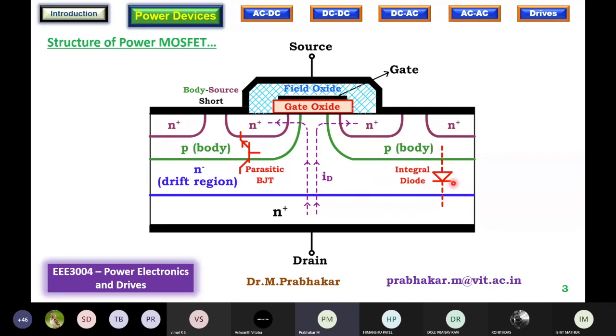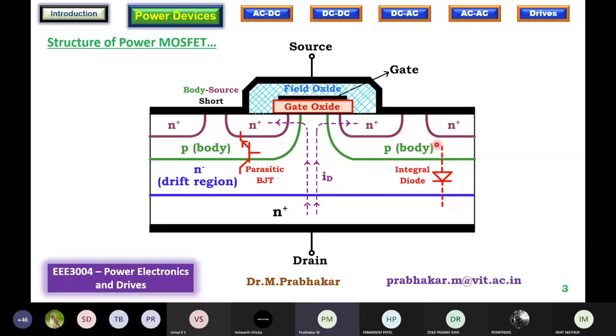See, the power diode had N plus structure, N minus structure, and p-type body. So again, p-type, N minus, N plus. So this forms the body diode. Therefore, there are ways to represent this integral body diode in the symbol itself.